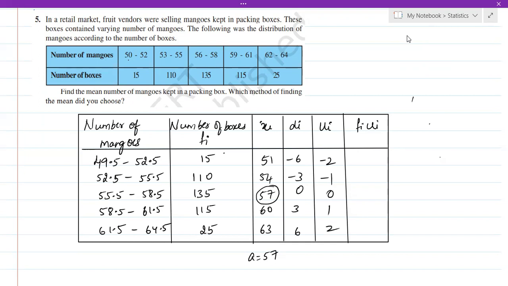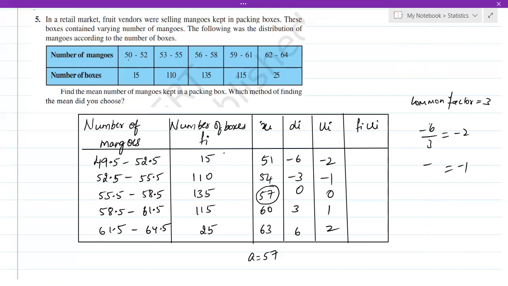So each entry in di divided by the common factor 3 gives -2, -1, 0, 1, 2. This is how we got ui.